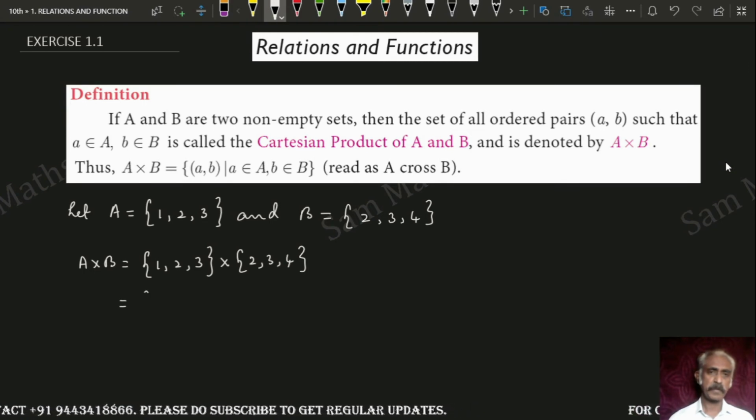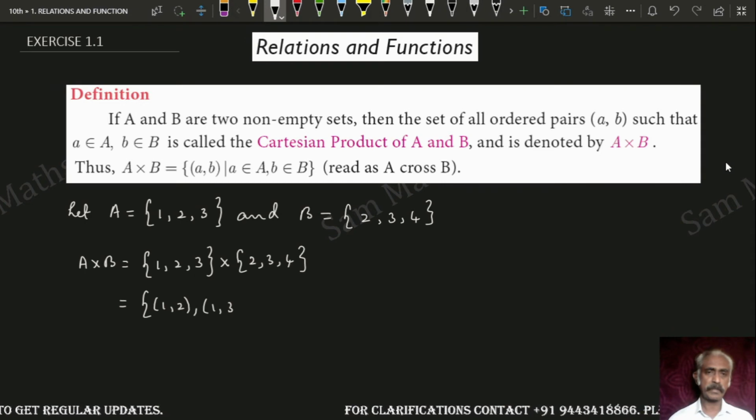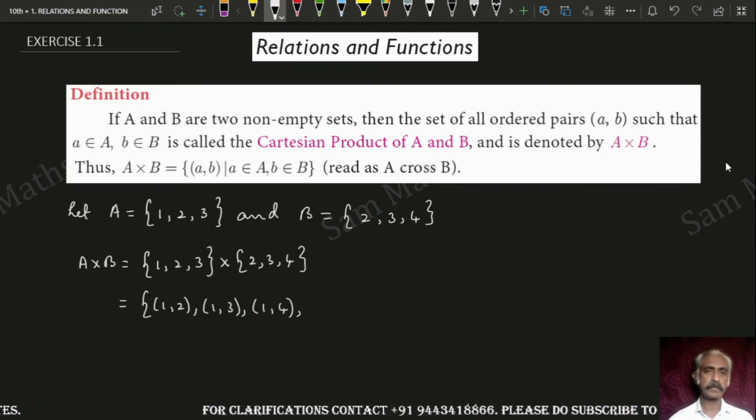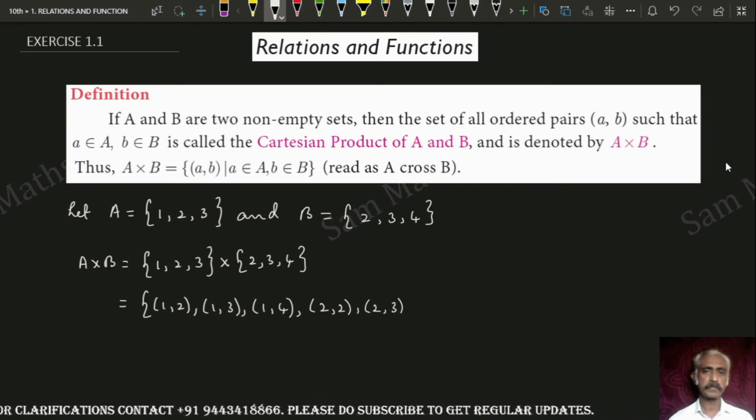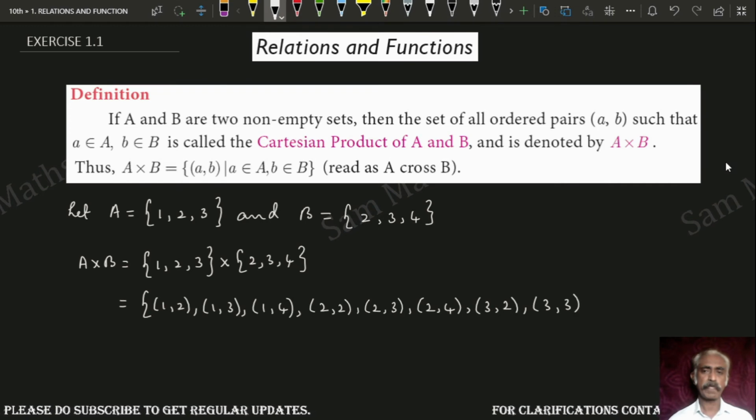This is equal to, first you distribute 1 along with the B set elements. That is (1, 2), (1, 3), (1, 4). Then you distribute 2 along with B set. That is (2, 2), (2, 3), (2, 4). Next distribute 3: (3, 2), (3, 3), (3, 4).